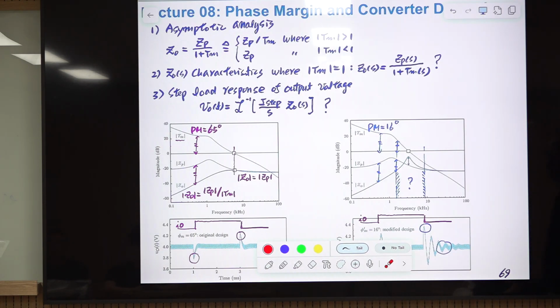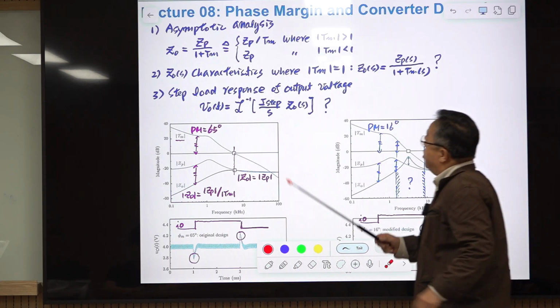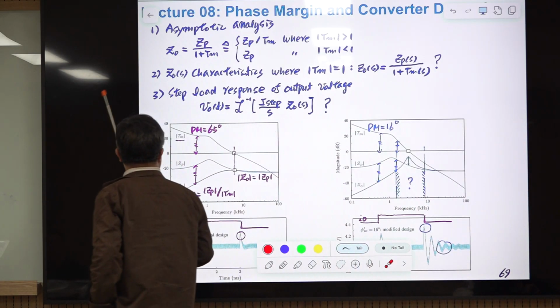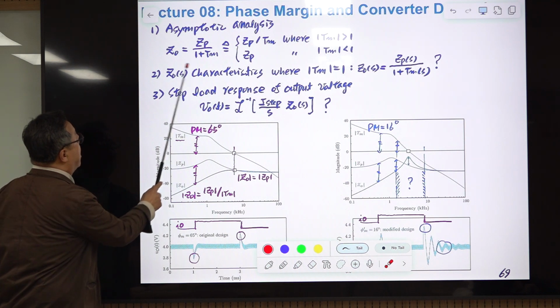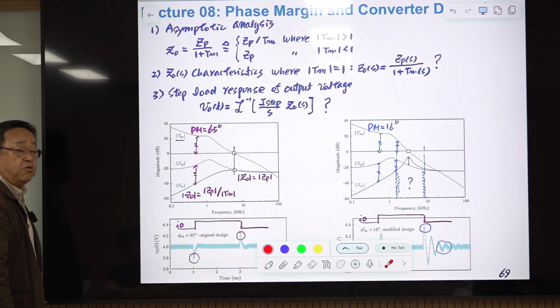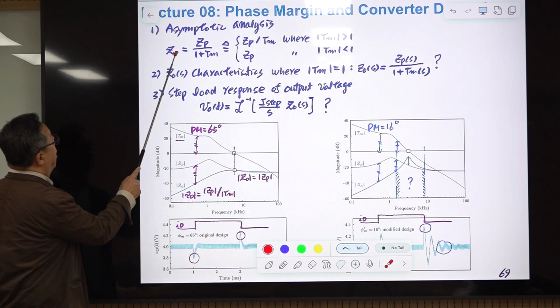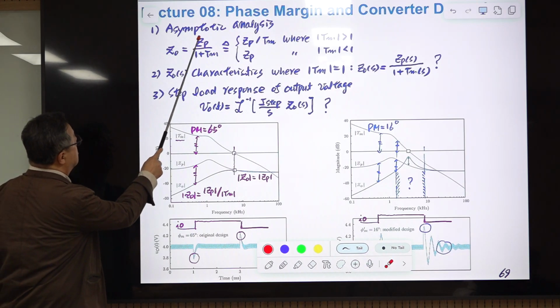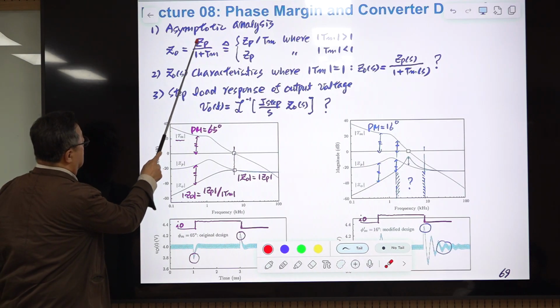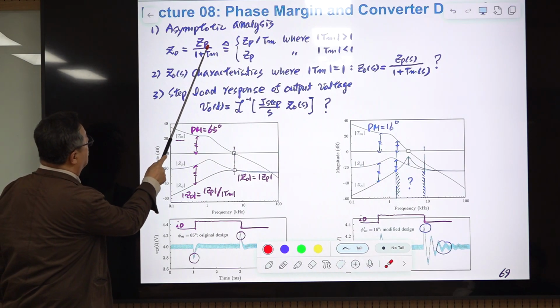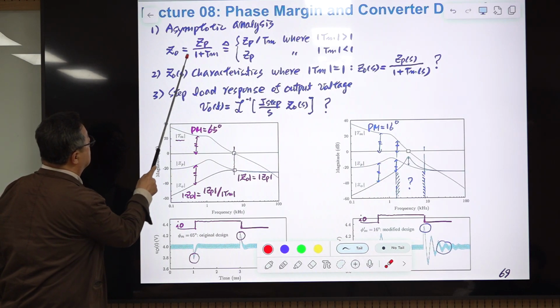So to be specific, we use the asymptotic analysis. Basically, this is the exact expression. I'm using the output impedance as an example. This is the closed loop output impedance expression. This is the open loop output impedance expression, or load current to output transfer function, and the denominator is 1 plus Tm.